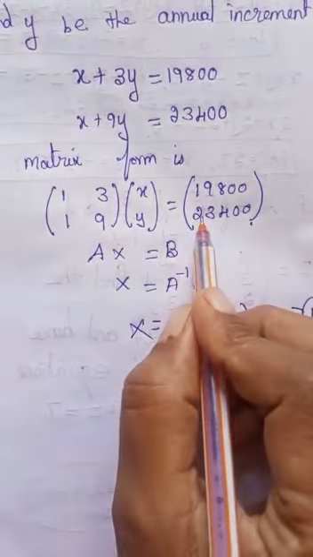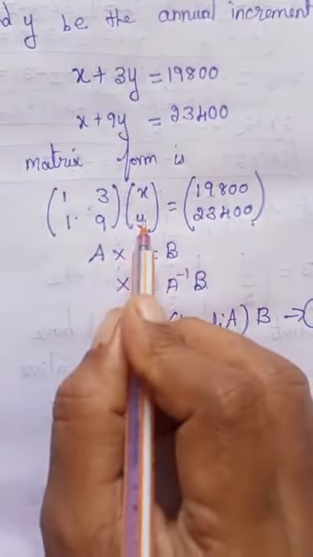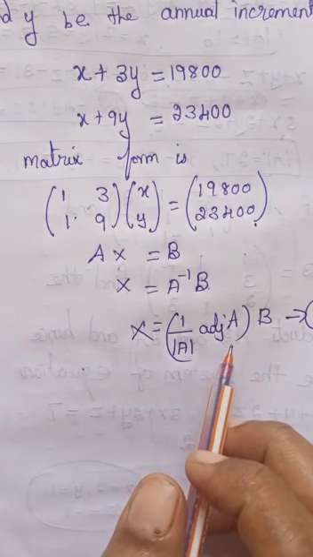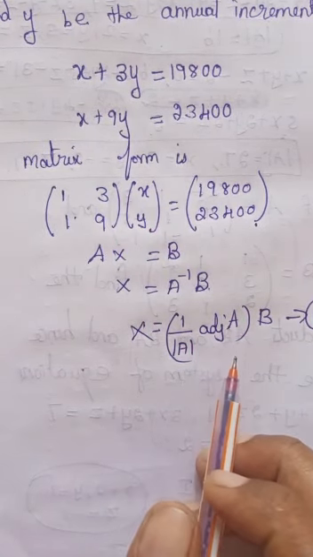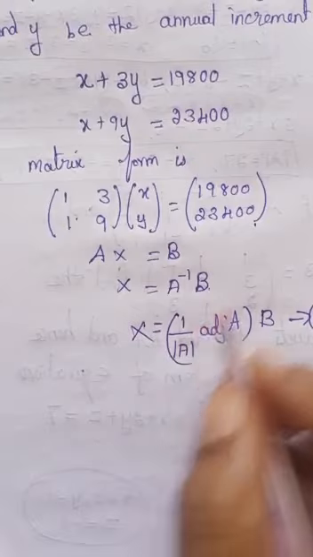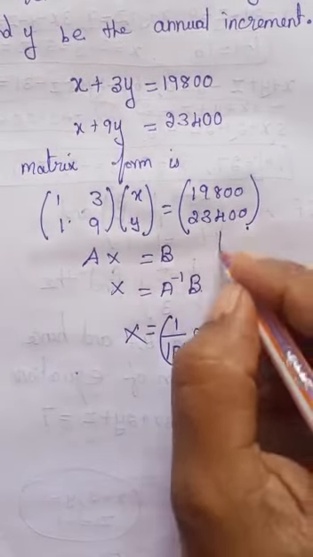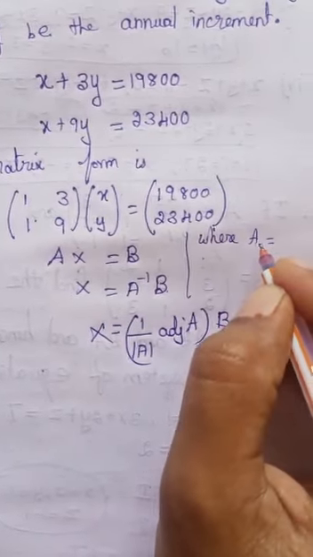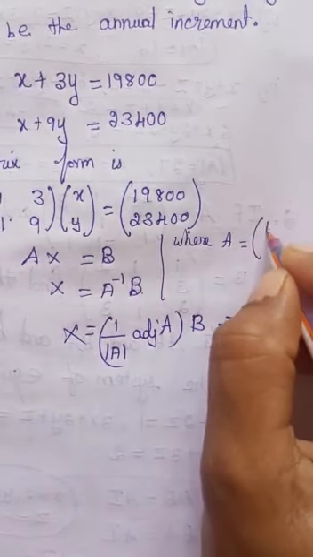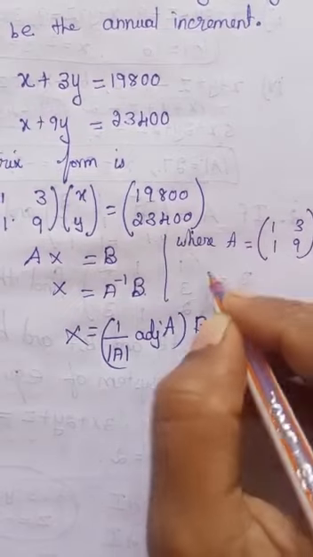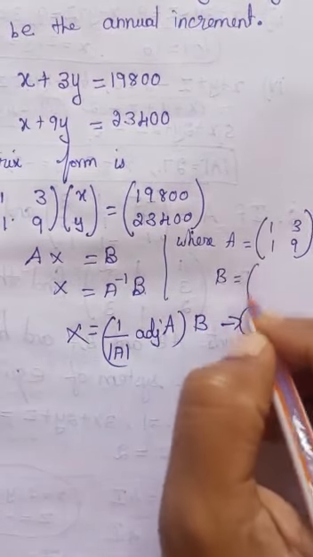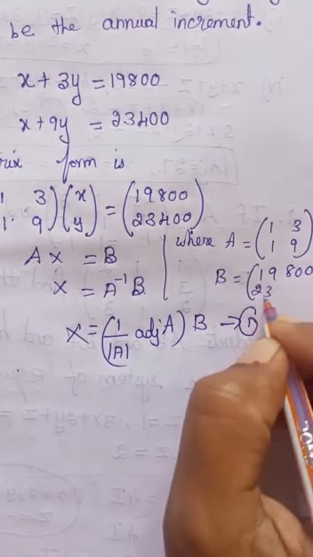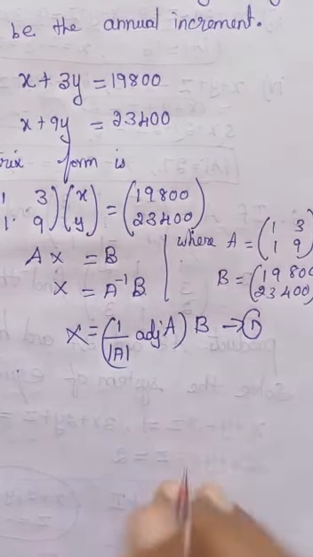We know what B, A and X are, so we want to find determinant A and adj A. If you need, you can write on the side that A is equal to the matrix 1, 3, 1, 9 and B is equal to 19,800, 23,400.